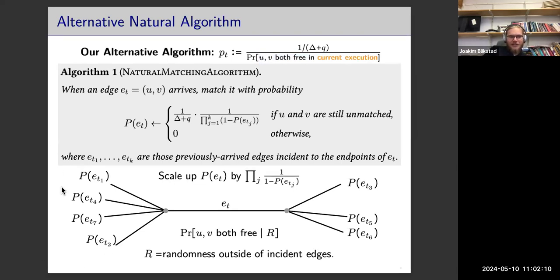If there were some edges further away, not in the immediate neighborhood of this edge, and we condition on all the random bits we use to decide whether those edges are matched, then what we compute here is the probability that both U and V are free, conditioned on all the randomness outside. The only randomness in this expression is the randomness we used on these edges here and these edges here.